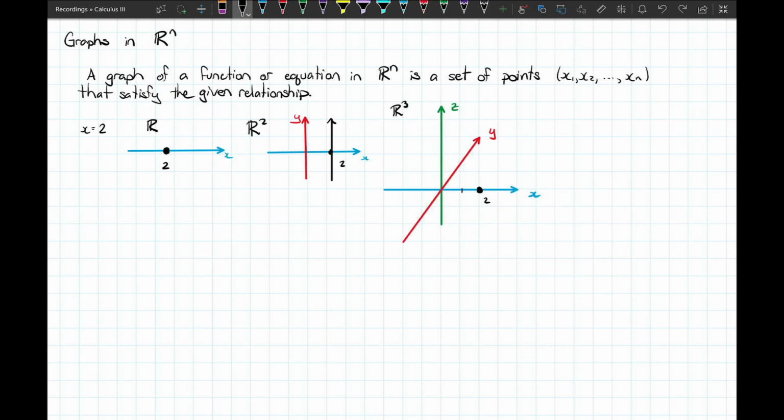That means we can move in the direction of the y-axis, positive or negative, but we can also move in the direction of the z-axis, positive or negative. Since we have two dimensions here to move in, we can think about two-dimensional space, which is our usual sheet of paper that we're working on. It's an entire plane of existence. Well, this would mean that the points that satisfy x equals 2 is actually a plane.